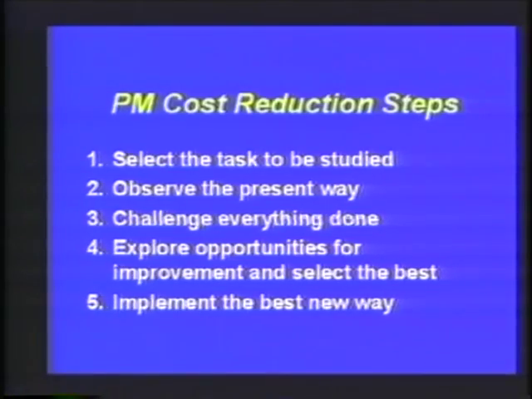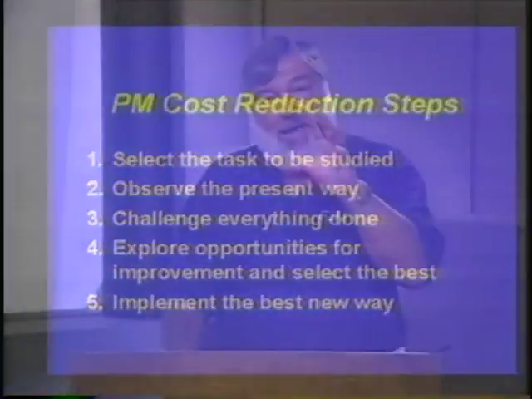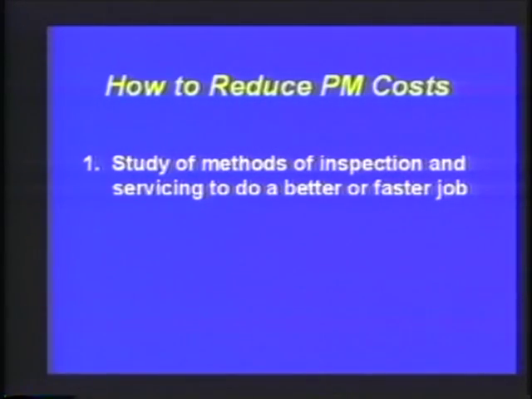You're never there, okay? But that is the PM cost reduction steps. Now, to reduce the costs, there are other applications like the methods of inspection and servicing to do a better and faster job. The previous exhibit was the outline.